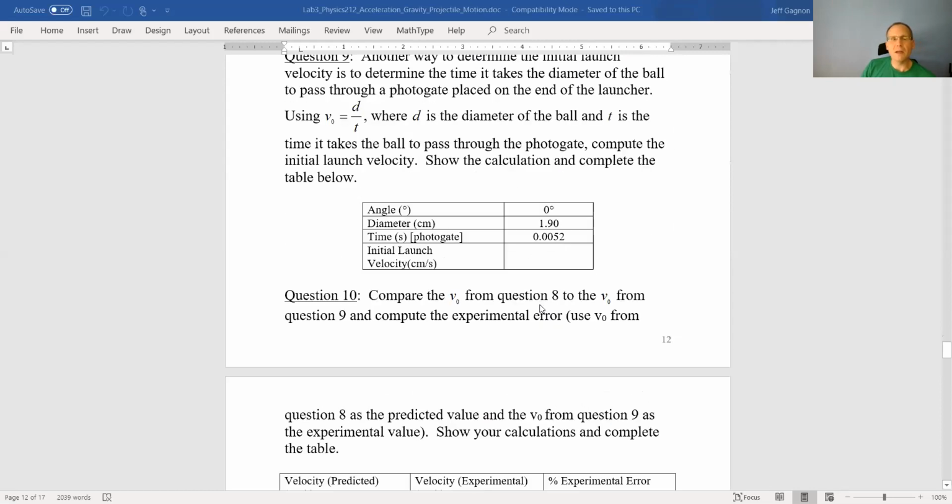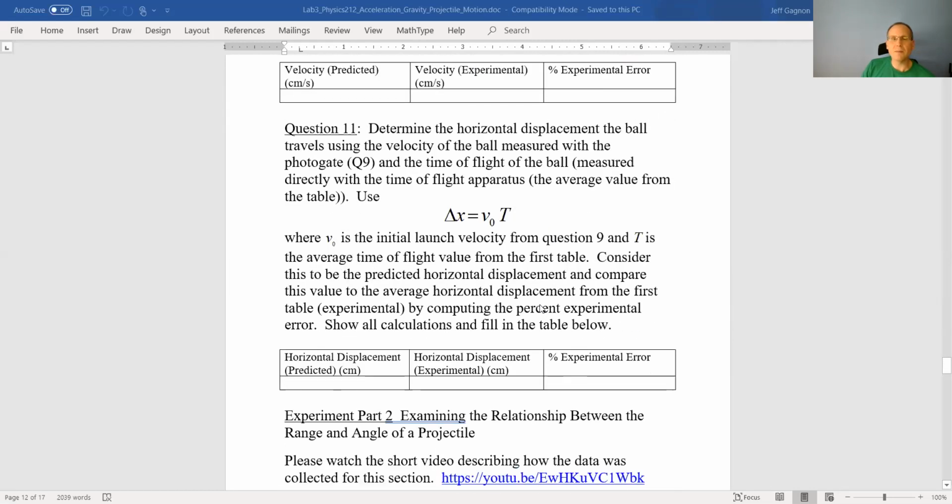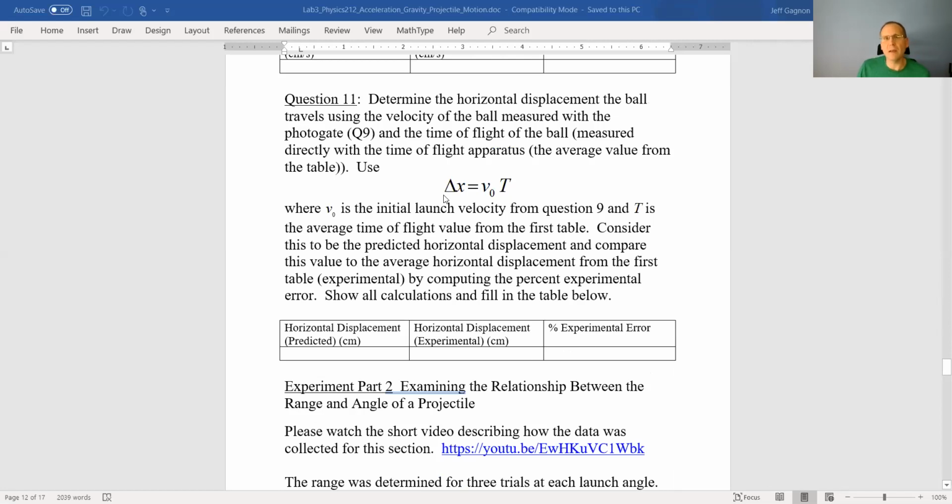Another method is we could calculate it if you rearrange the velocity equation. Remember, velocity is displacement divided by time. I could rearrange it so horizontal displacement is velocity times time. So the question is, which velocity and which time do I use?